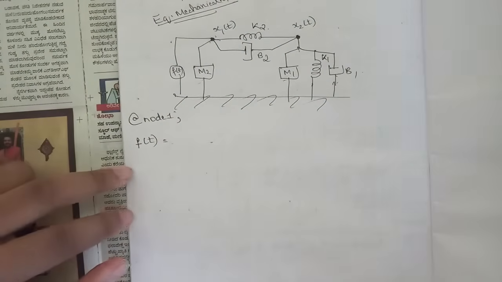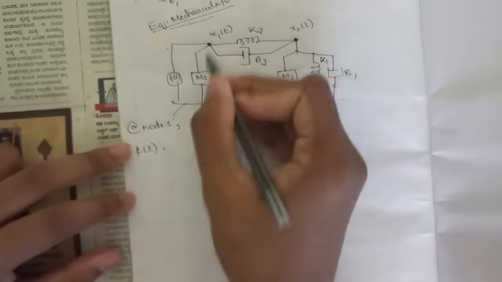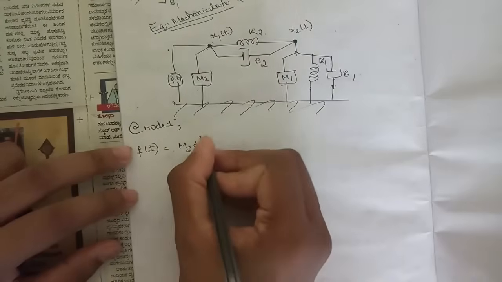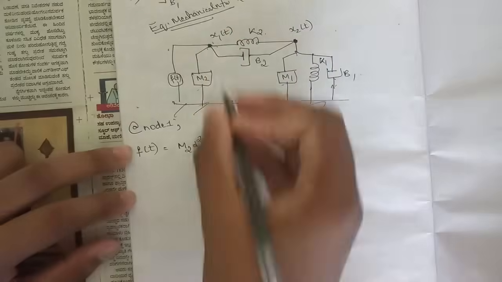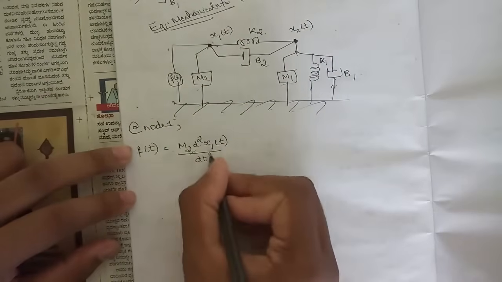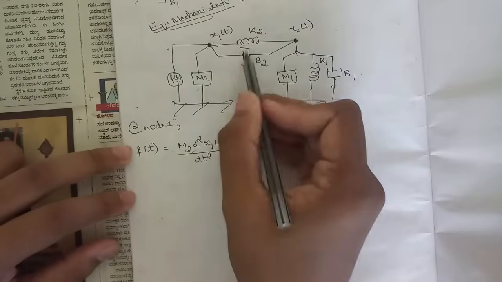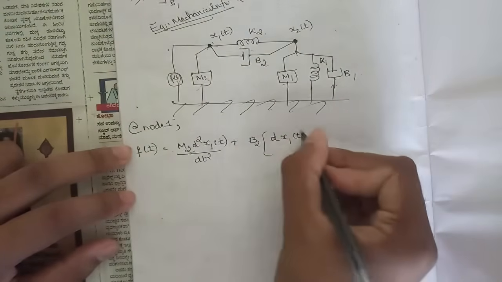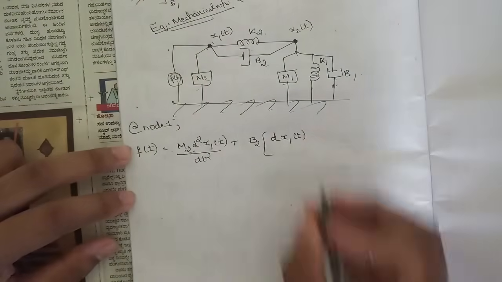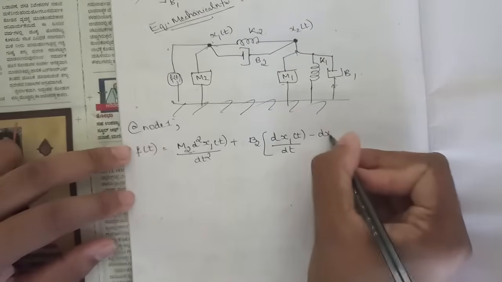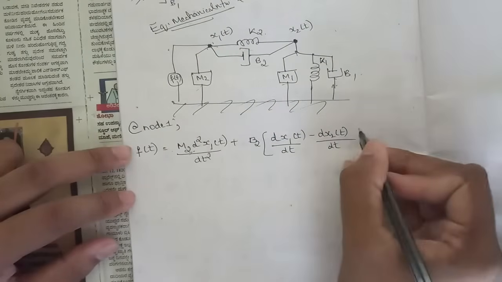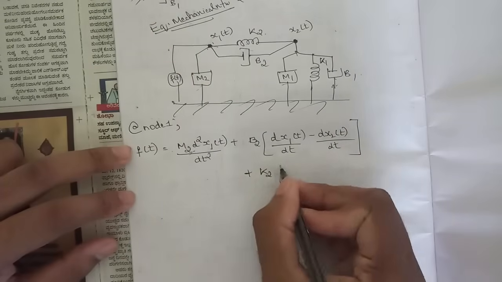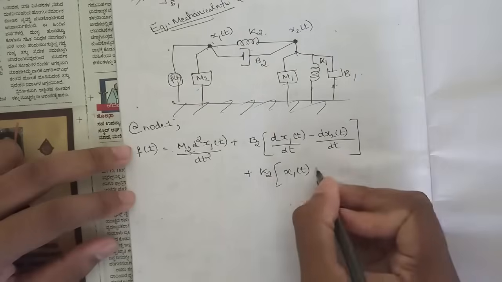This f of t is equal to m2 into d square x1 of t by dt square, plus b2 into d x1 of t by dt minus d x2 of t by dt, since b2 is between these two nodes, plus k2 into x1 of t minus x2 of t.